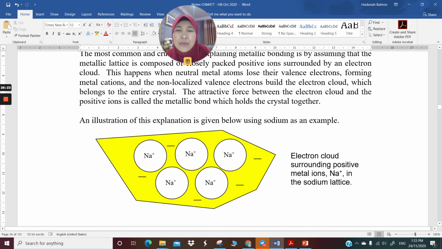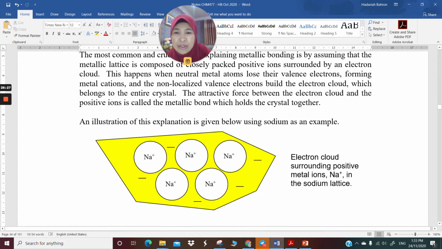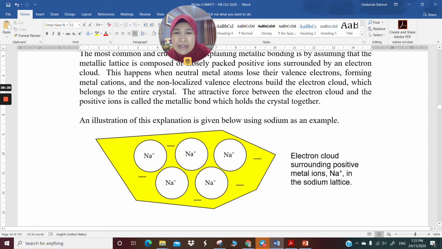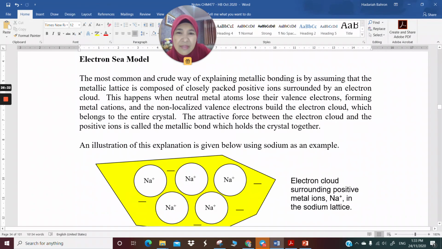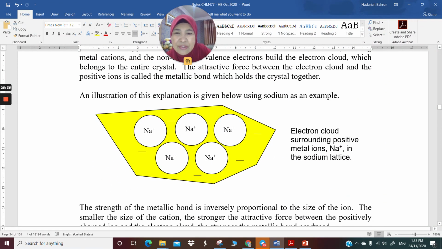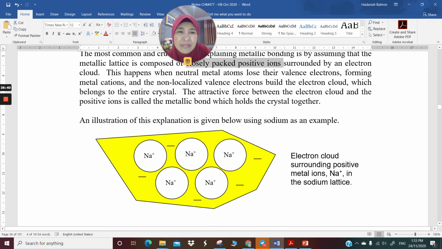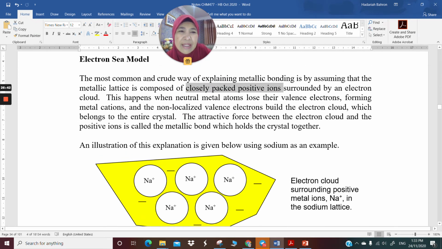This is how you would explain the electron sea model. You have your sodium, for example, closely packed positive ions. The ions of sodium are packed very closely together, and they are surrounded by an electron cloud.